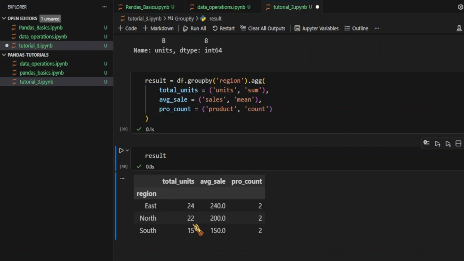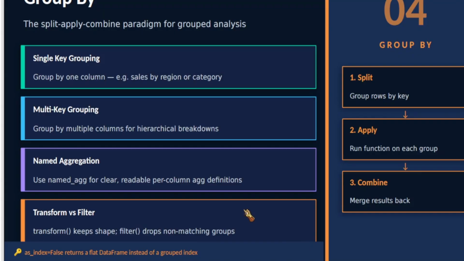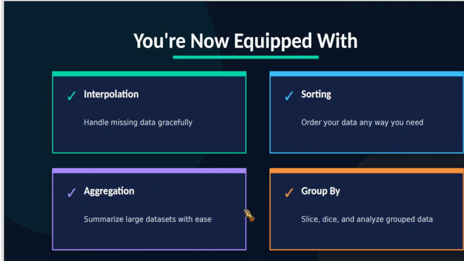Okay, so that's it for today, and after watching this video you will be able to handle missing values with the help of interpolation. You will be able to sort values in ascending or descending order inside a column.